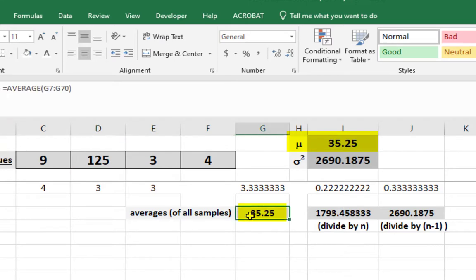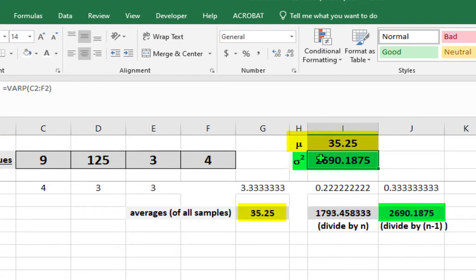The sample average is always going to target the population average, and the sample variance is always going to target the population variance. And because we have to stop at the variance first before taking the square root and moving on to the standard deviation, if we're going to be off with the variance, we're going to be even more off with the standard deviation.